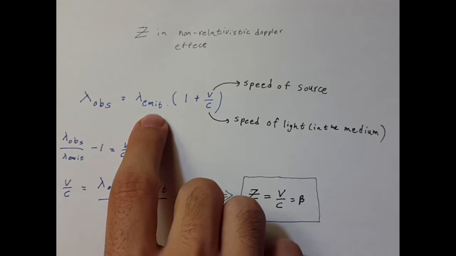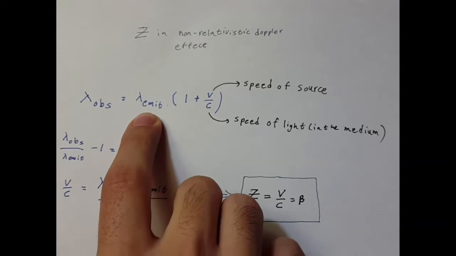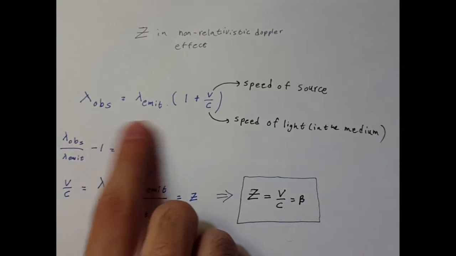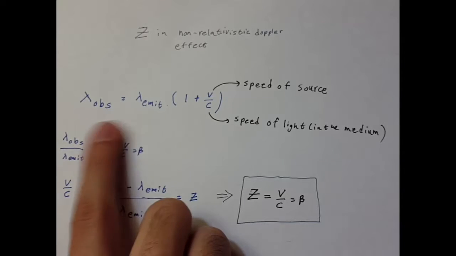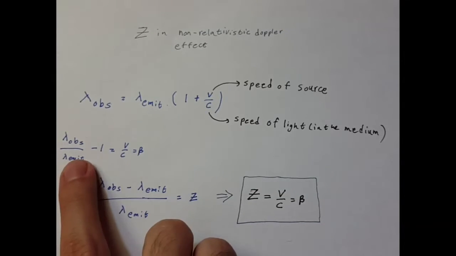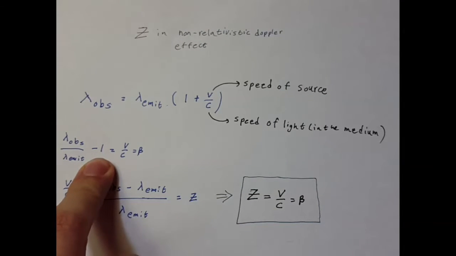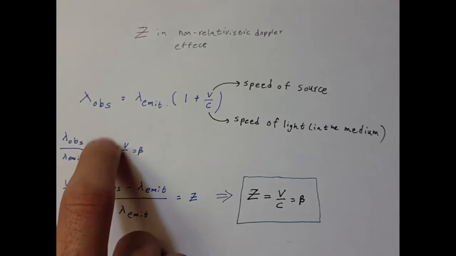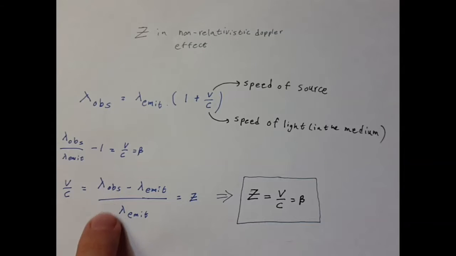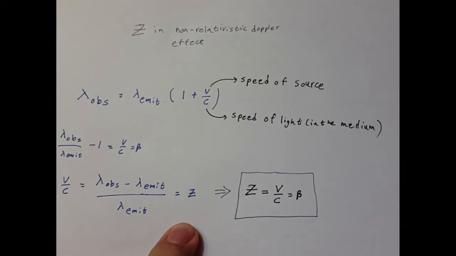You just divide both sides by lambda emitted, the original wavelength, and then take the one from this side to that side. You end up with this, which is equivalent to the change in wavelength over lambda emitted. So you end up with this formula, which is our definition of z.